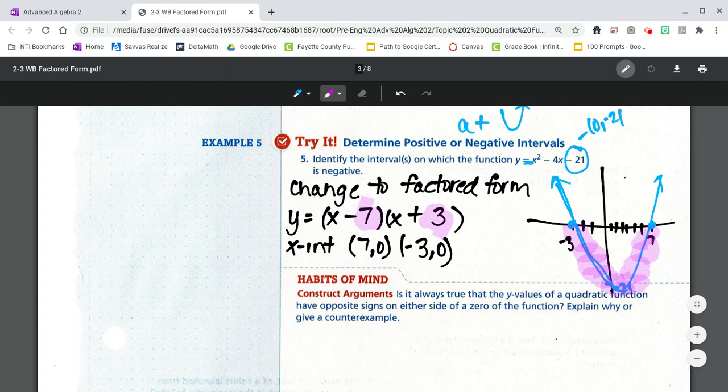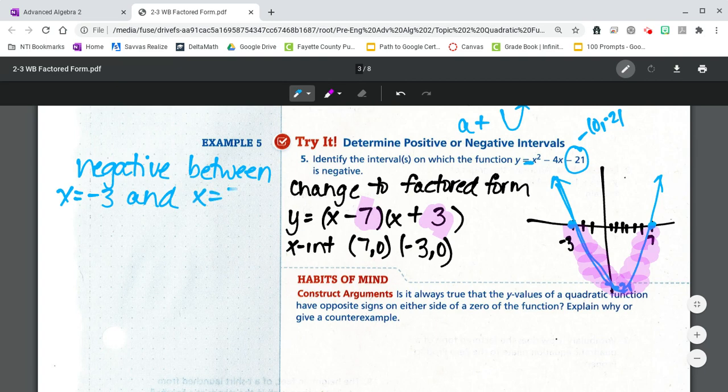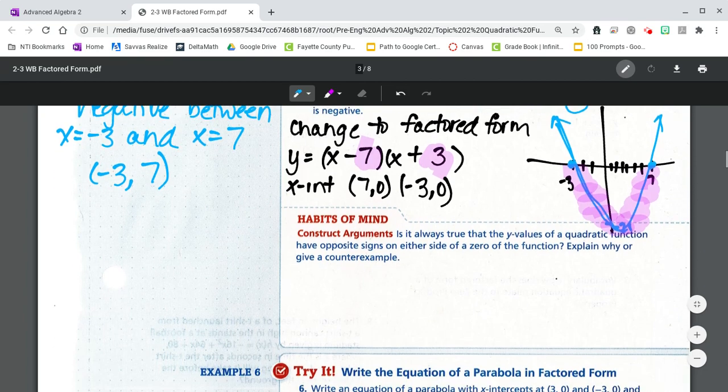So that would be everything between x equals negative 3 and x equals 7. And if I want to say between but not including, I would say everything from negative 3 to 7, not including those endpoints.